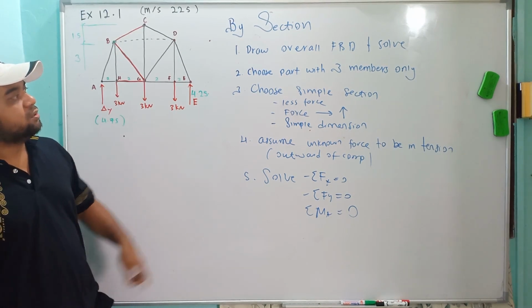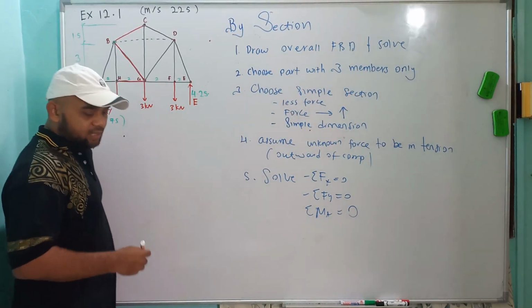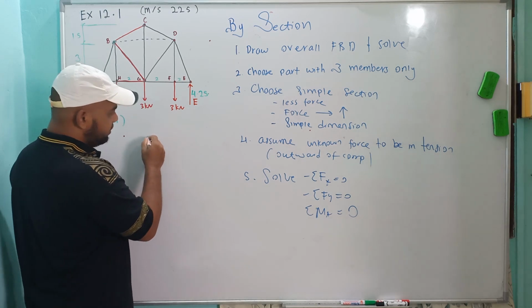This is the second step: choose a part with 3 members only to be cut. Meaning that, let's say we have a component like this one.